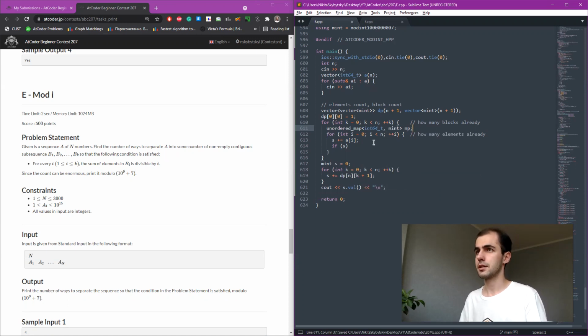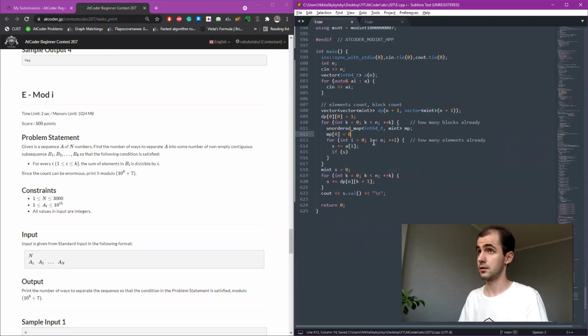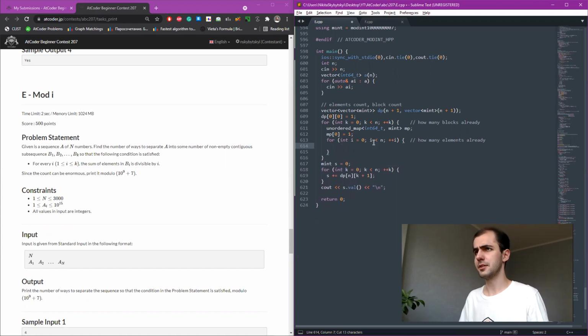So complicated, it's okay. So the map counts how many prefixes there are that have a given remainder modulo a_i.